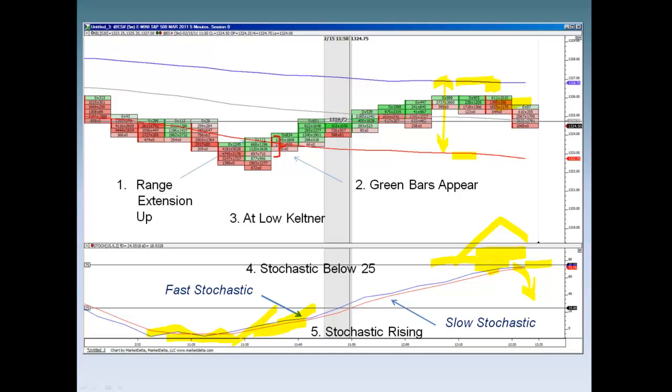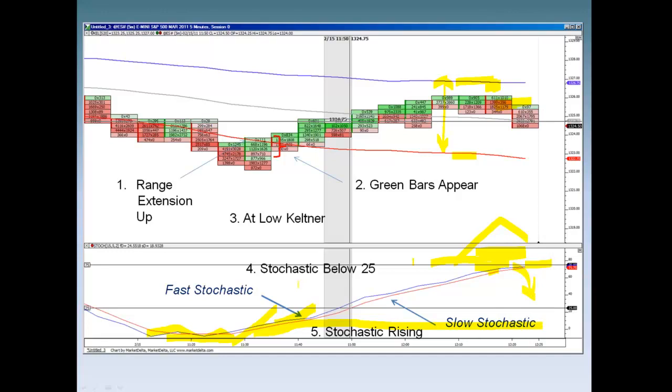However, be very, very careful with the stochastic in directional markets. The stochastic is a good tool if your market is moving sideways. If you get into directional markets, quite often the stochastic can be very misleading because it will stay either above the reference line for a very long time, and it will continue to go higher and go up, or it will stay, if the market is trending lower, down here, making you think there are buying opportunities, whereas it will continue to drop with prices, and it just stays flat down here for a very long period of time.